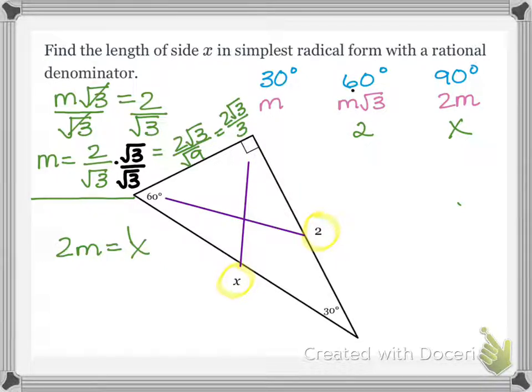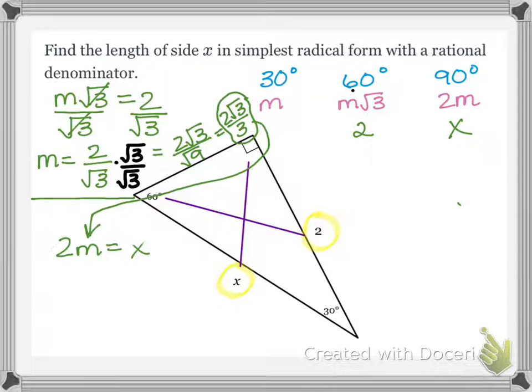Okay, so our m is 2 square root of 3 over 3. Next, what are we going to do? The answer we got upstairs happens to be our m value, so I'm going to substitute that m right there.